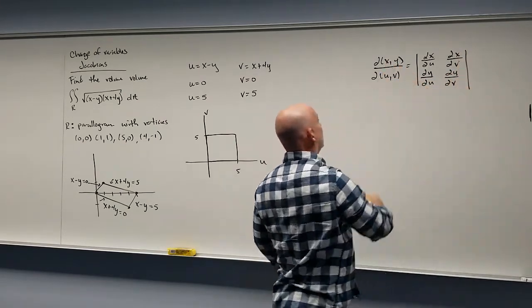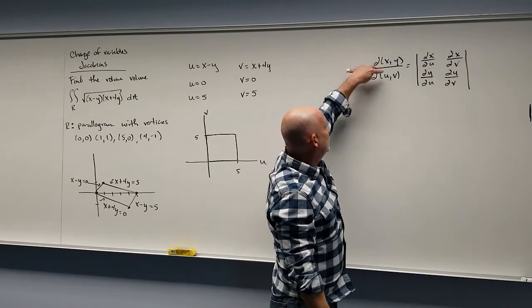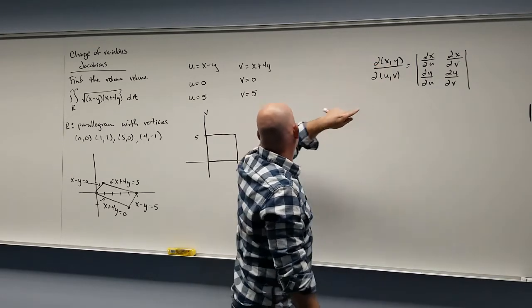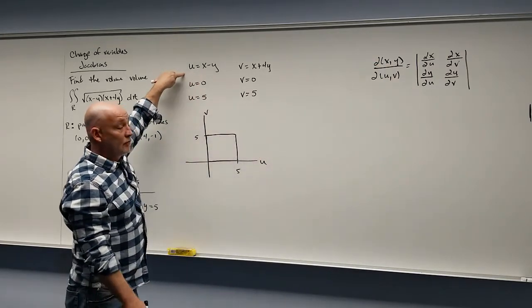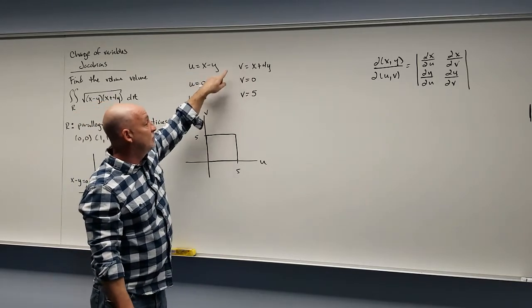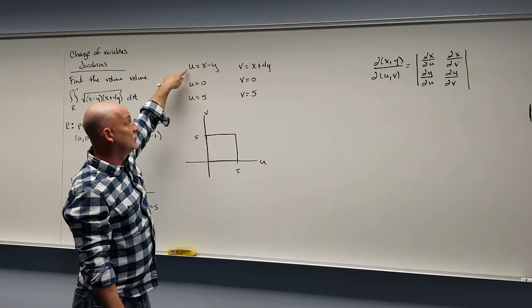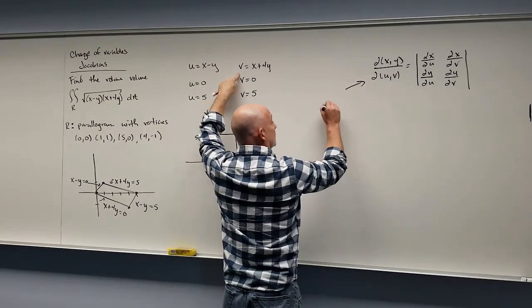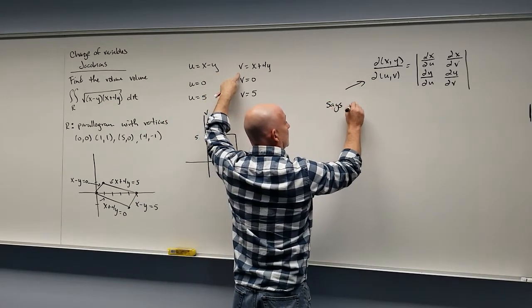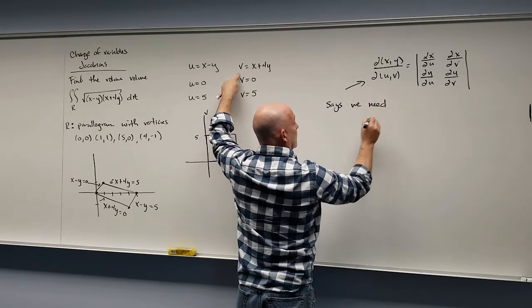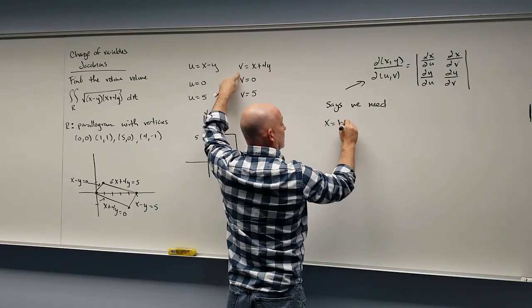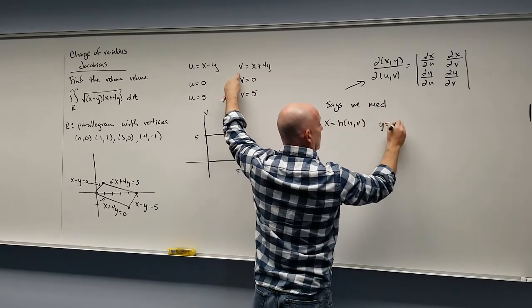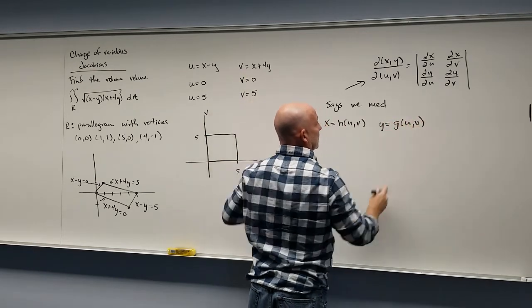So this says that we have to take the derivative of x and y with respect to u and v. That means that these functions have to be x as some function of u and v and y as some other function of u and v.